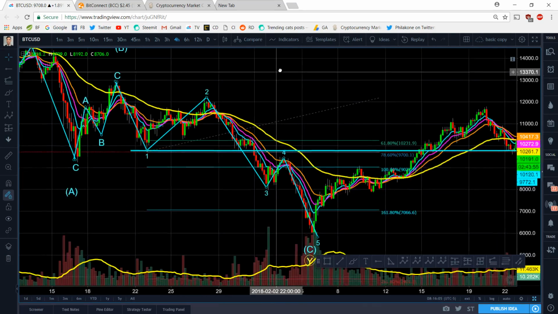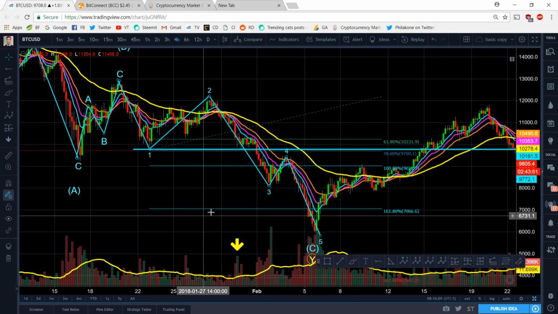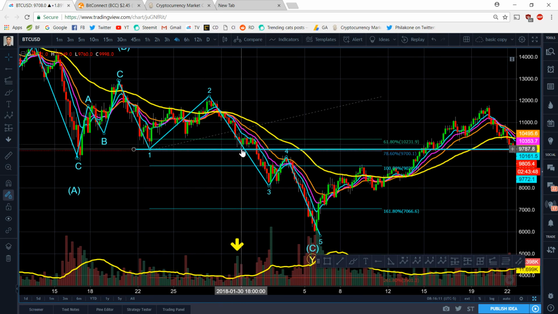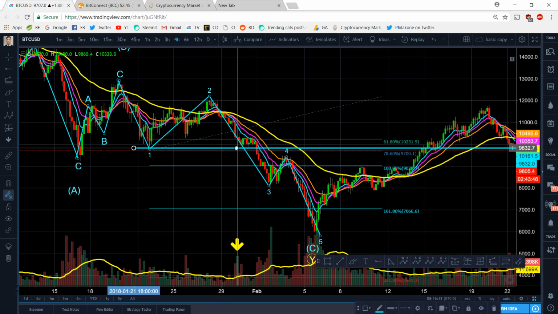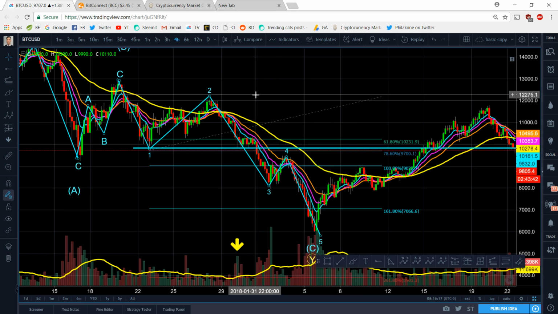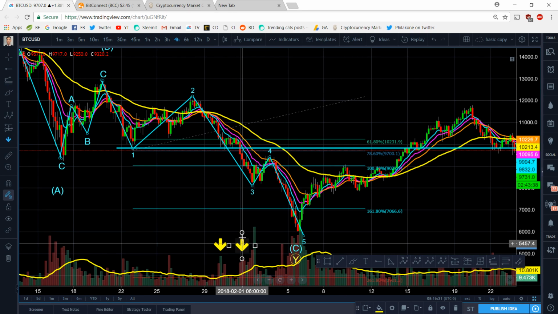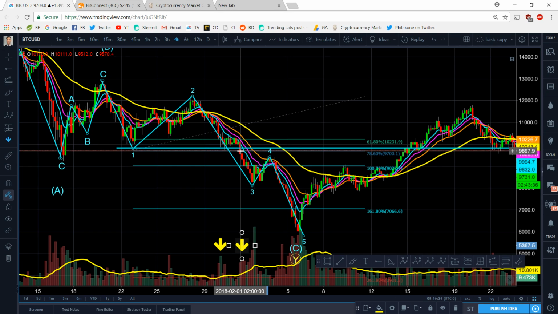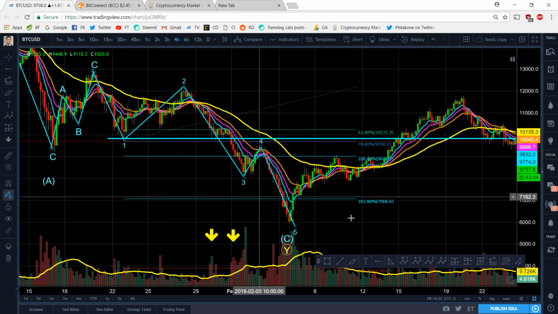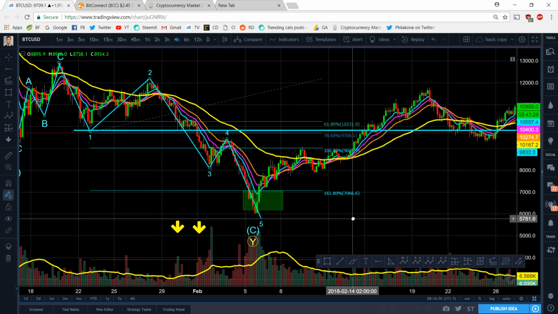If you guys make note of the volume right over here, it's very easy to see as well that as soon as this broke around here, people either tried to support it or they entered a short position. And then as soon as it broke down right here, where this support was, people definitely entered a short position. And the majority of people will target a 161.8 extension.